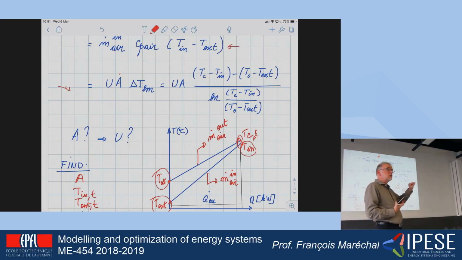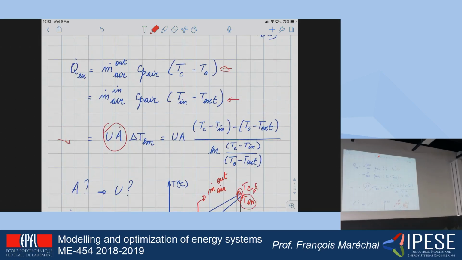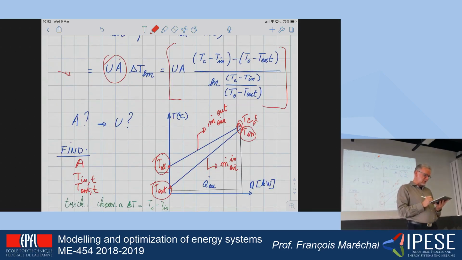It means that as soon as I have this value, I'm able to calculate the product of U and A here, because I can apply the energy balance on both sides, and I can calculate the heat transfer that is explained here. So this is the equation of the heat transfer. As soon as I have the value of the temperature difference, I will be able to calculate the exit temperature of the hot stream from the heat exchanger.